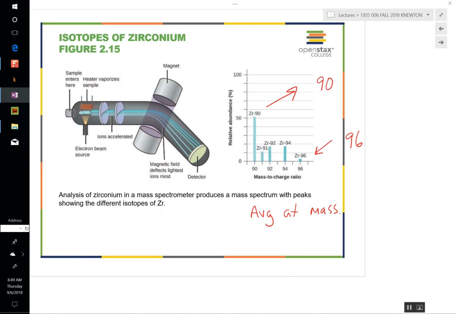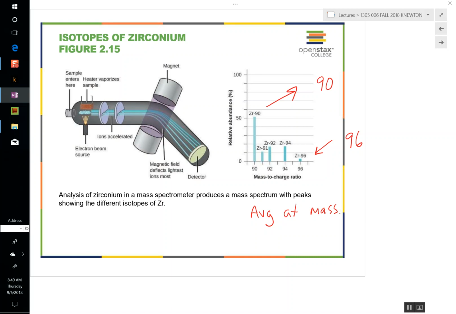I'm going to get rid of it, but it is greater than 5, so I'm going to promote that number up. That 9 is going to go to a 10, that 9 is going to go to a 10, and that 5 is going to go to a 6. So I'm rounding that number off to 4 significant figures. That's what your periodic table has: average atomic masses to 4 significant figures.